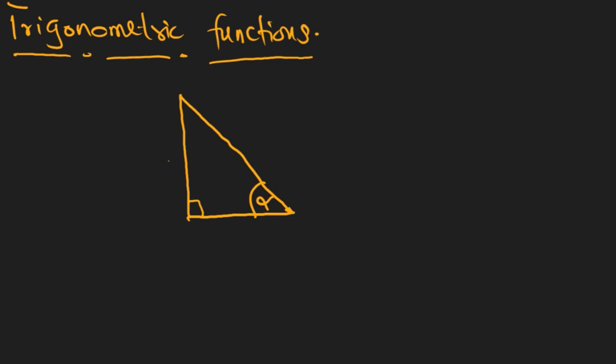And then let's call this side A, this side B, this side C. Another interesting thing you should always remember when it comes to trigonometry is SOHCAHTOA. So I'm going to write that on the side.